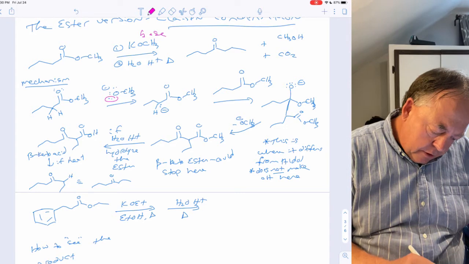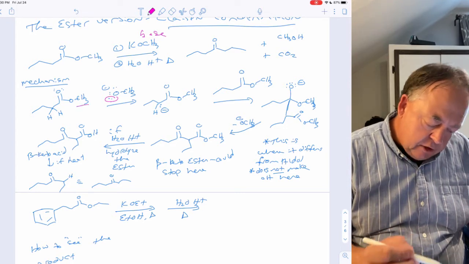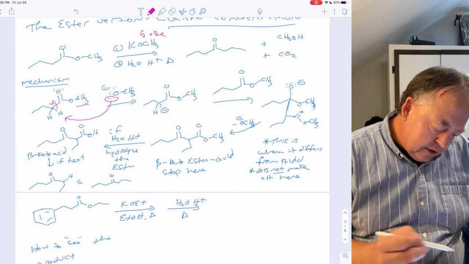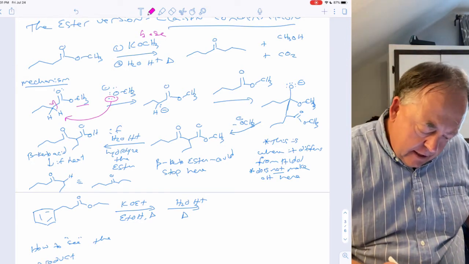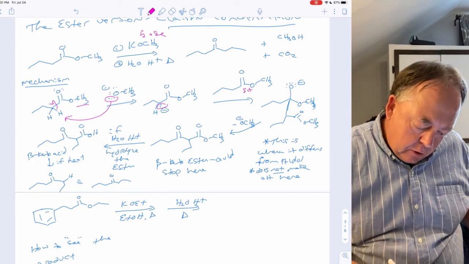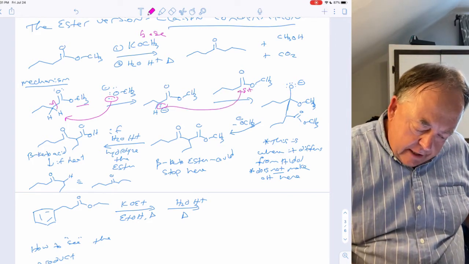So we used OCH3 since we have the OCH3 ester, so that acts as a base, takes off a hydrogen at the alpha position. Now you have an enolate, and the enolate's going to react at the C double bond O since that's partial positive. So we'll attack here.